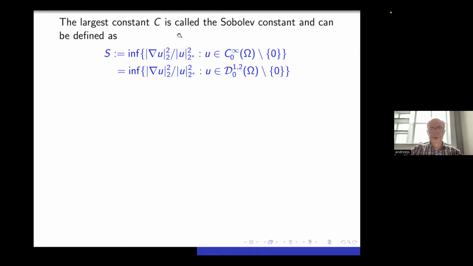Okay, so this largest constant S is called the Sobolev constant, and one can define it as the infimum of the L2 norm of the gradient of u squared over the L2 star norm also squared, and one can take either all u which are test functions or u which are in D^{1,2}_0.